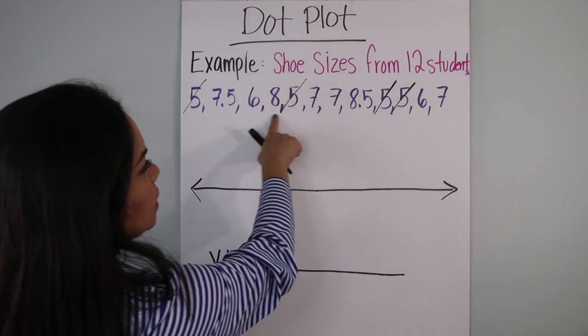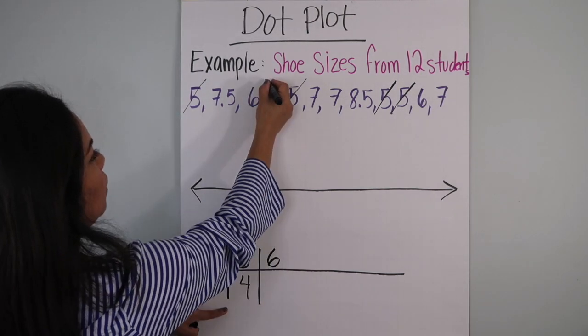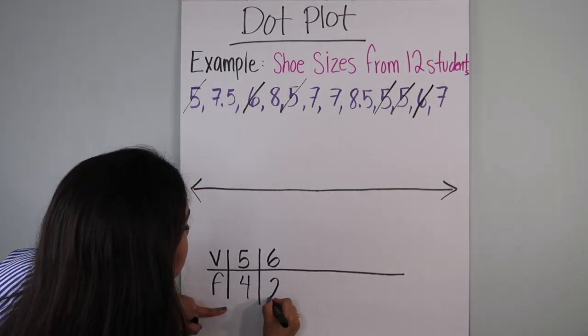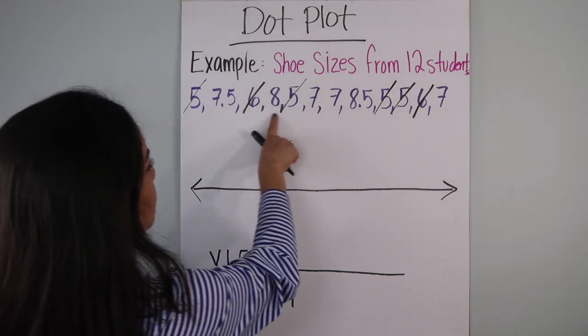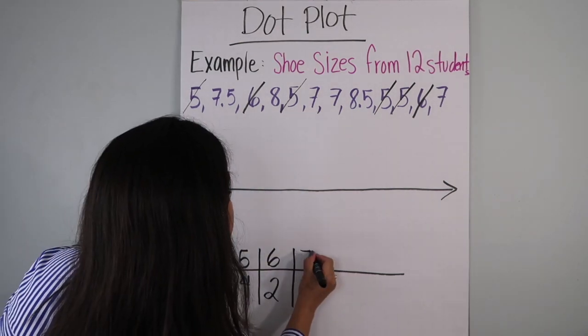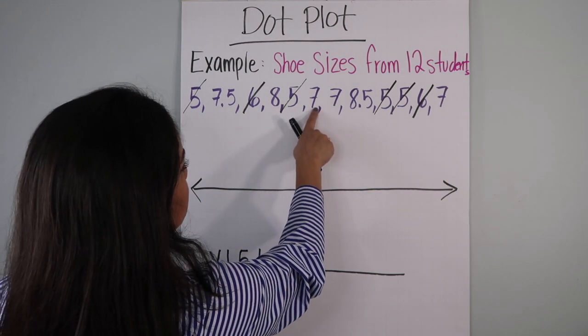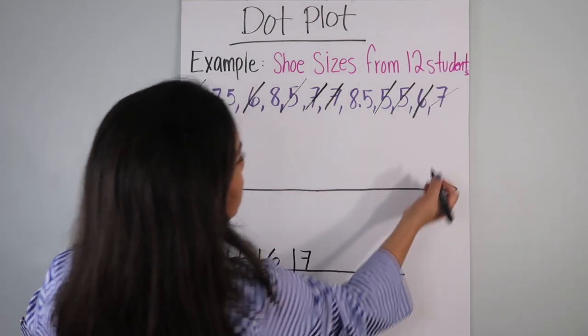Then I go to the next number. I have a 6. 1, 2, I have 2 6s. Then the next number will be a 7. Then I count how many 7s I have. 1, 2, 3.